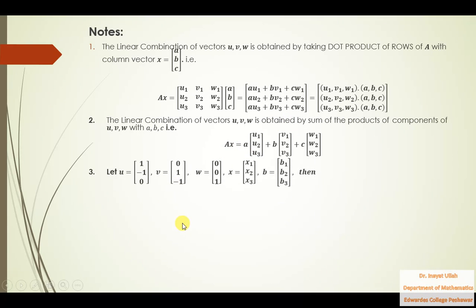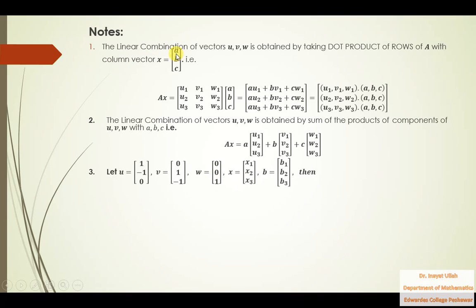Let us take an example here. Instead of u1, u2, u3, we have taken a specific vector (1, -1, 0). Similarly, instead of v1, v2, v3, we have taken a specific vector (0, 1, -1). And instead of w, we have taken the vector (0, 0, 1).